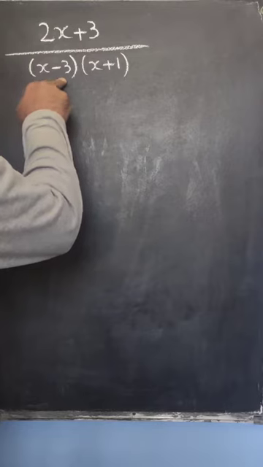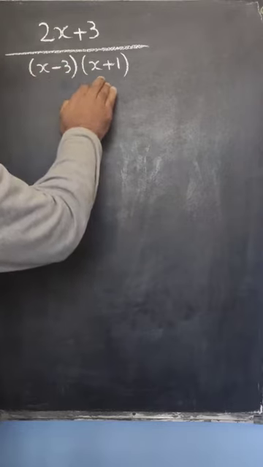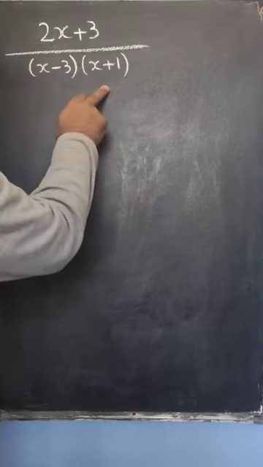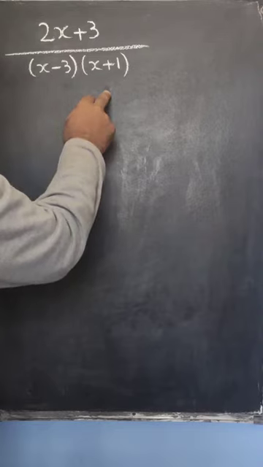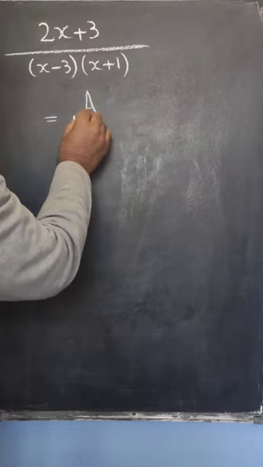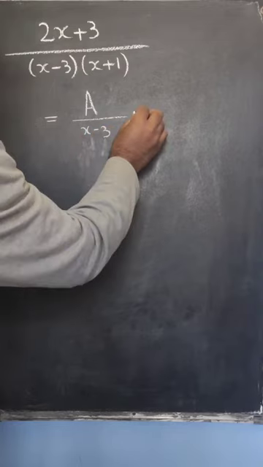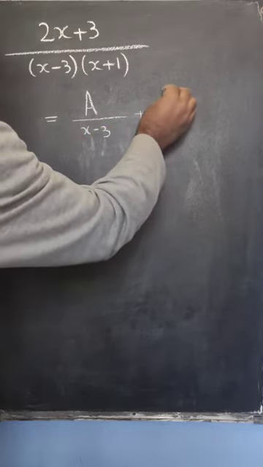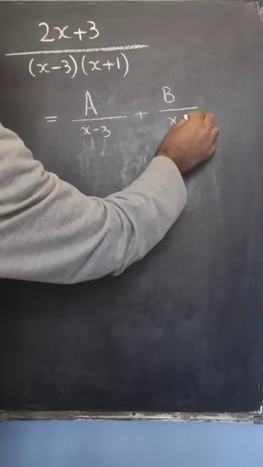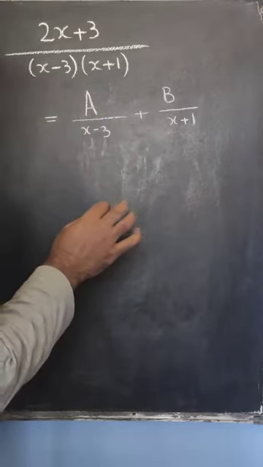If we have a proper rational function of this type, while in denominator we have two different linear factors, then we can decompose this rational function into partial fractions by putting this equal to A divided by first linear factor, that is x minus 3, plus B divided by second linear factor, that is x plus 1, while A and B are constants yet to be determined.